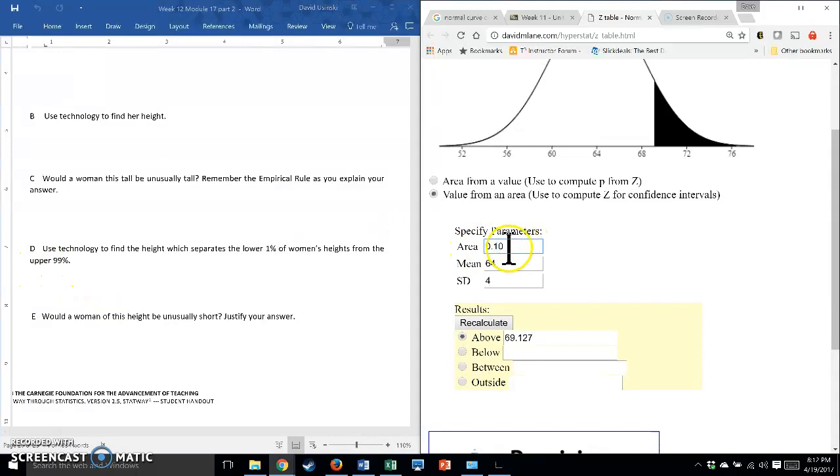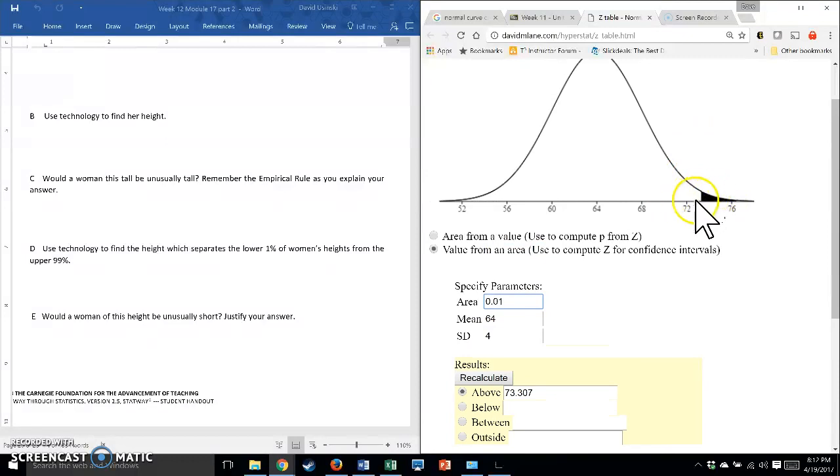So if I type in 1% here, and if I look at my picture, does that look like it's representing the lower 1%? So I have to change my button here. I want below. If I select below, now I am separating the lowest 1% of women from the rest.